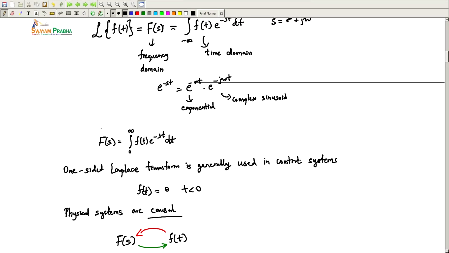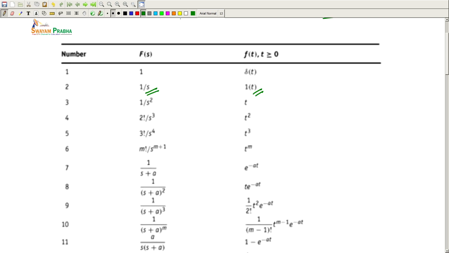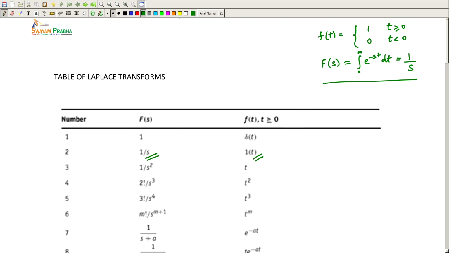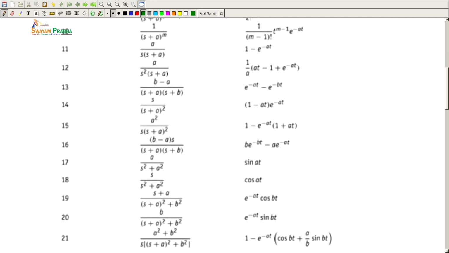So now we have seen the properties of Laplace transforms and how we can use this definition to find Laplace transforms for simple functions. Then we can use the Laplace transforms we have developed for simple functions in this table to find Laplace transforms for more complicated functions. We will do a couple of examples on how we can go about that.